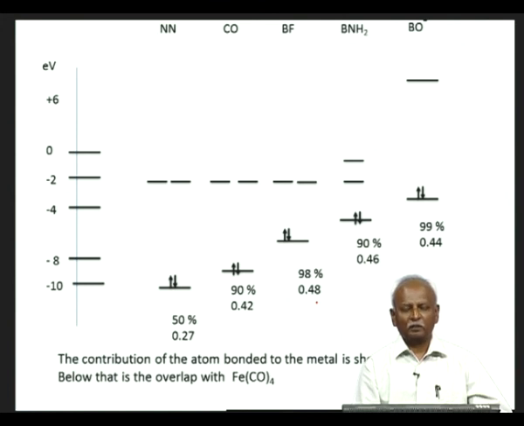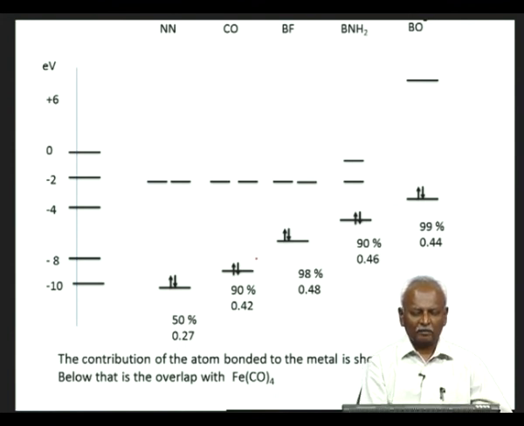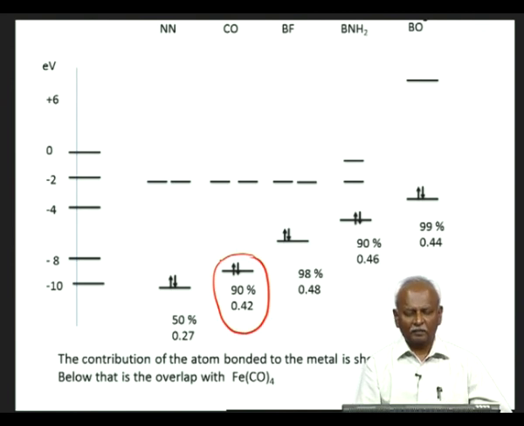What they mention is the following: the highest occupied molecular orbital in carbon monoxide, the 3 sigma orbital, had a significant donor capacity, and that came from a donor orbital which is a sigma orbital concentrated mostly on carbon. So, this 90% indicates that the donor orbital on carbon monoxide was localized mostly on carbon.